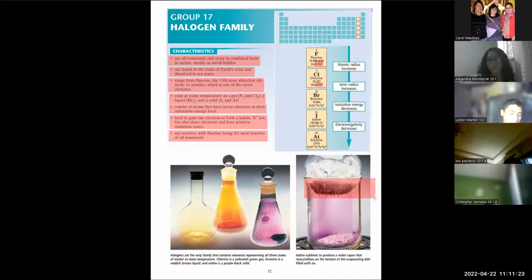Once the temperature is low enough, this vapor, of course, is going to rise because that's what vapors do. They rise, okay? And once this vapor touches this dish that contains the ice, it becomes a crystal. So it is a really nice experiment that you can do with iodine.